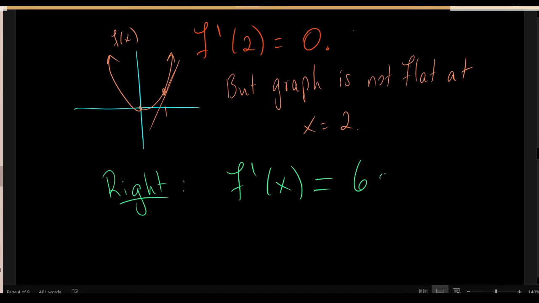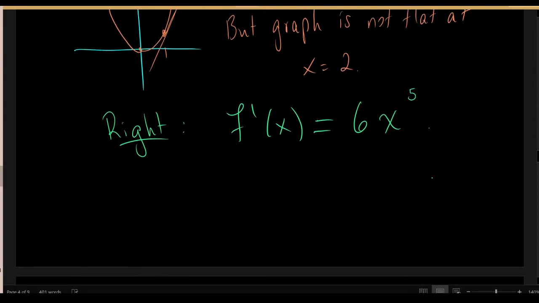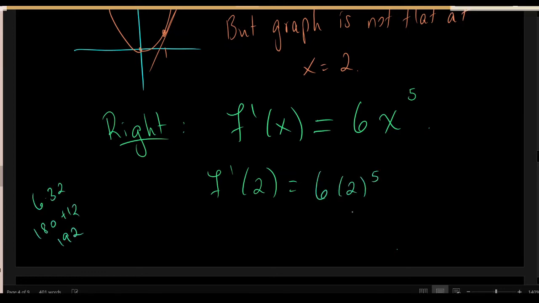So 6 comes to the front, and then the 6 becomes a 5, decreased by 1. Only now is it safe to plug 2 into the result of the derivative function. So I get 6 times 2 to the 5th power, which I think is 192.